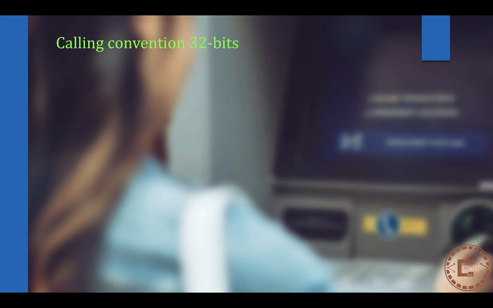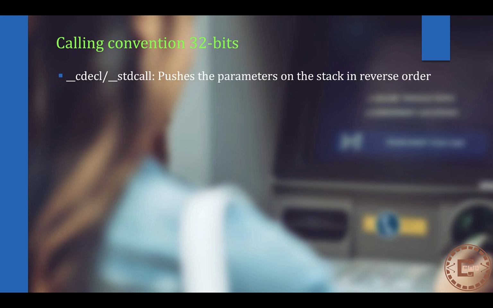Let's see an example so that you can see this whole thing that I am explaining in 32 bits. When you use these functions in Windows, the standard call is the way this function works in 32 bits.